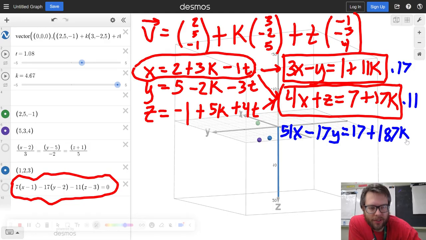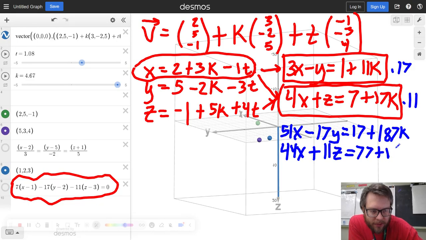Then the bottom equation times 11, 44x plus 11z equals 77 plus 187k. And now let's just go top minus bottom.